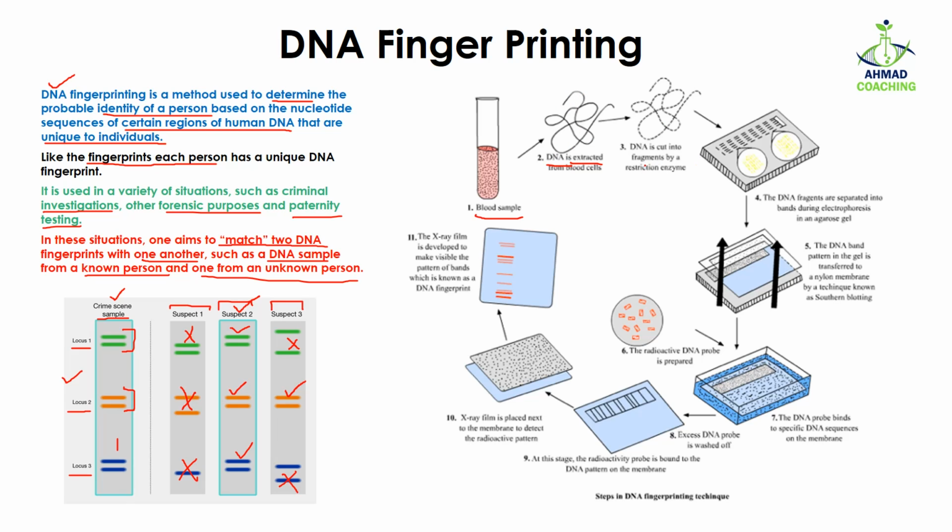The next step is that we cut this DNA into small fragments with the help of restriction enzymes. You can see that we have excised, we have cut all the DNA. After that, we separate the DNA fragments with the help of electrophoresis on an agarose gel.